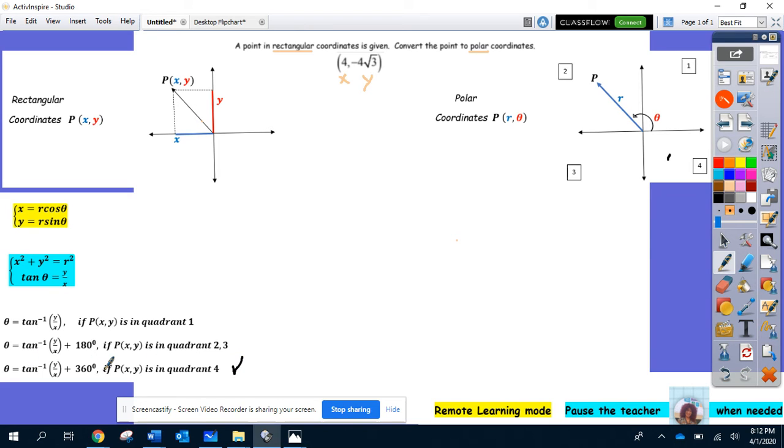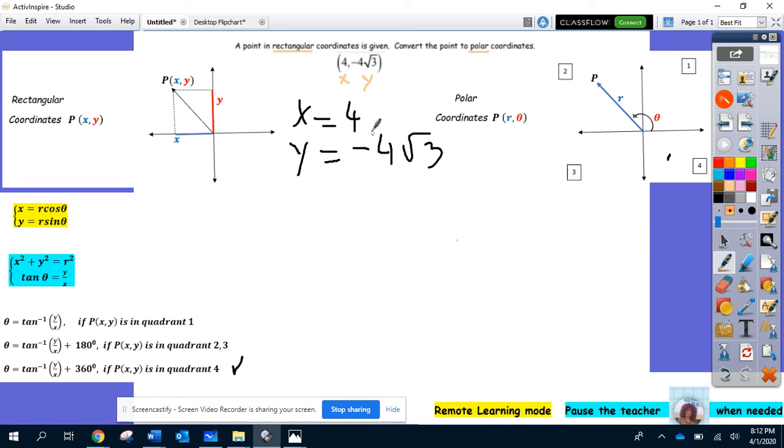We can go on the Desmos Scientific Calculator and we just plug in the y and the x. So let's write here to be clear. Our x is 4, our y is minus 4 square root of 3.